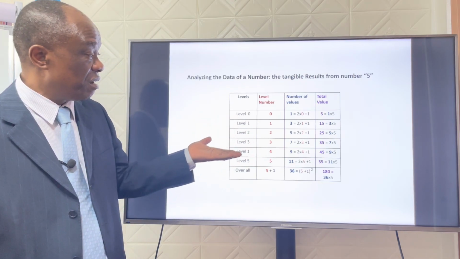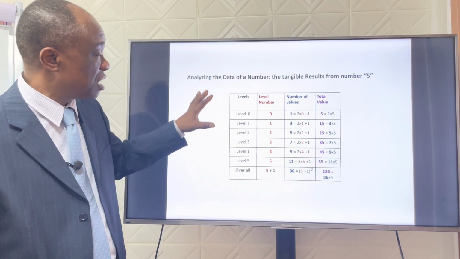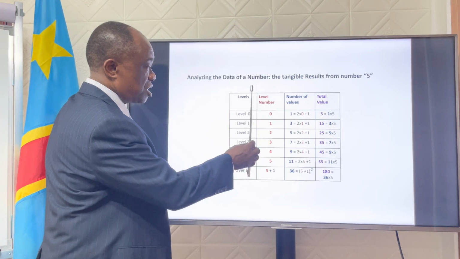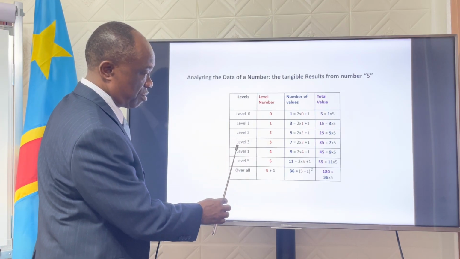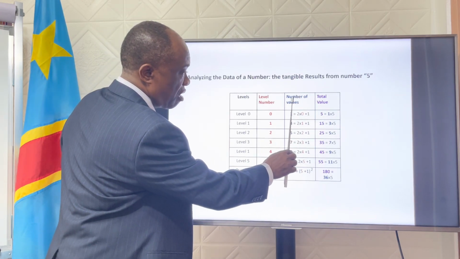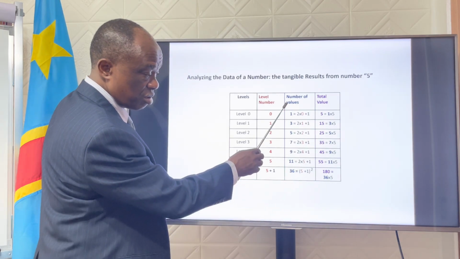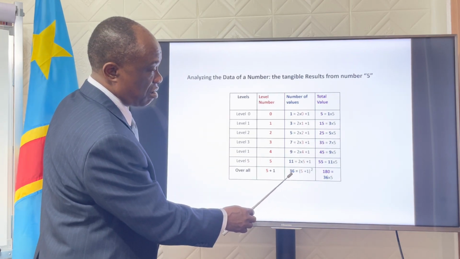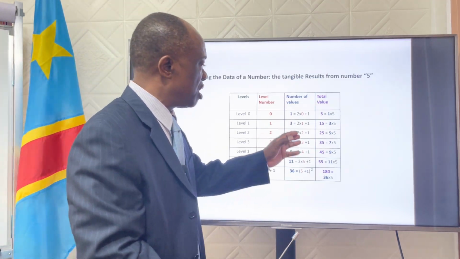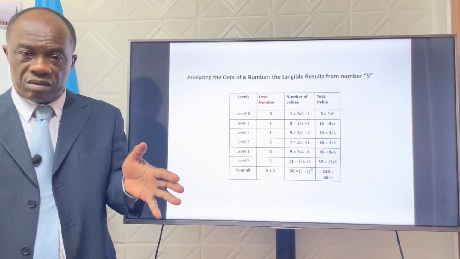These are the results that we get from the data that we have run. So we are analyzing this data, and this is the level number, then the number of values per level, and the number of values up to the level.